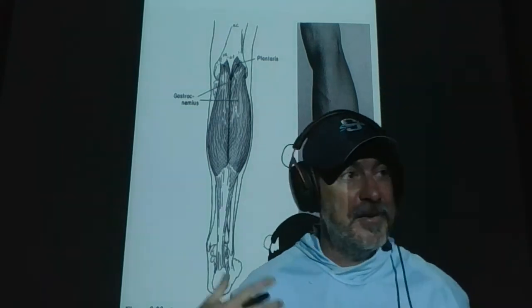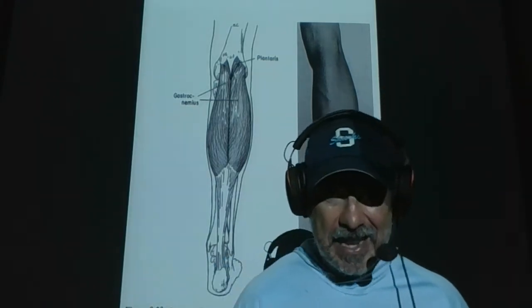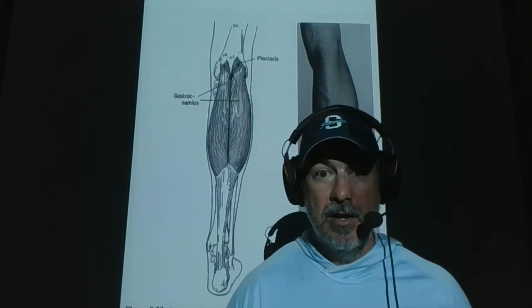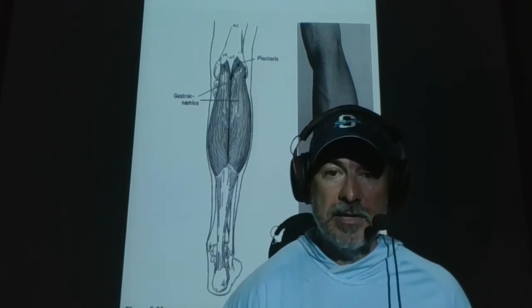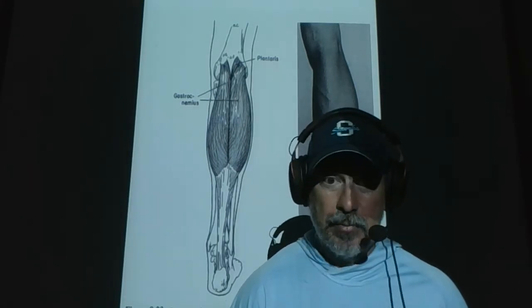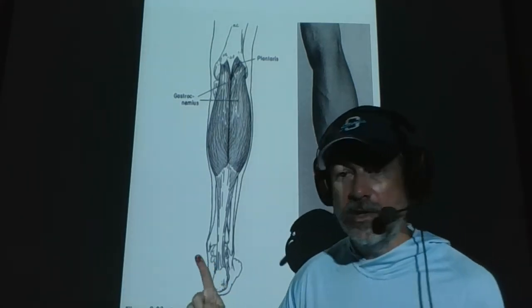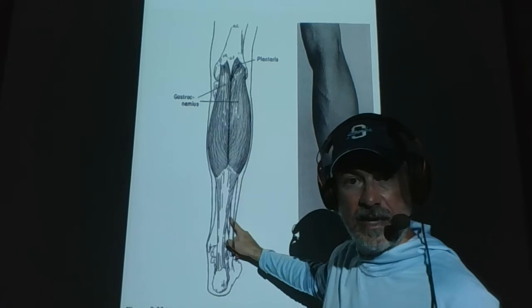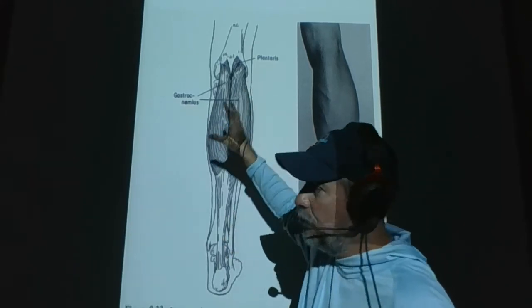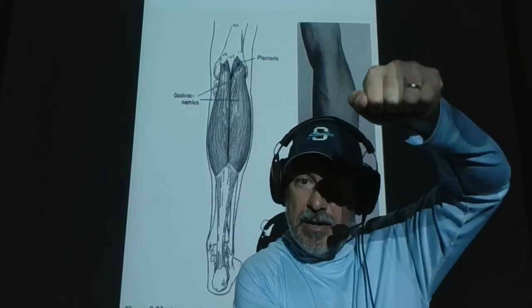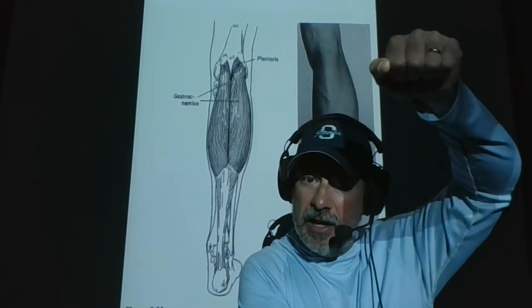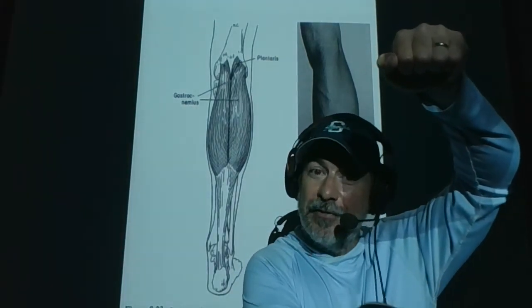If you shorten it, if you put it on slack, it loses the stretchy mechanical properties of pull force from the elastic properties, and it's going to pull less. So the gastrocnemius is the same thing. If you flex your knee, if you bend your knee, you put that gastrocnemius on slack, you shorten it, and therefore it's going to pull less on the bottom.